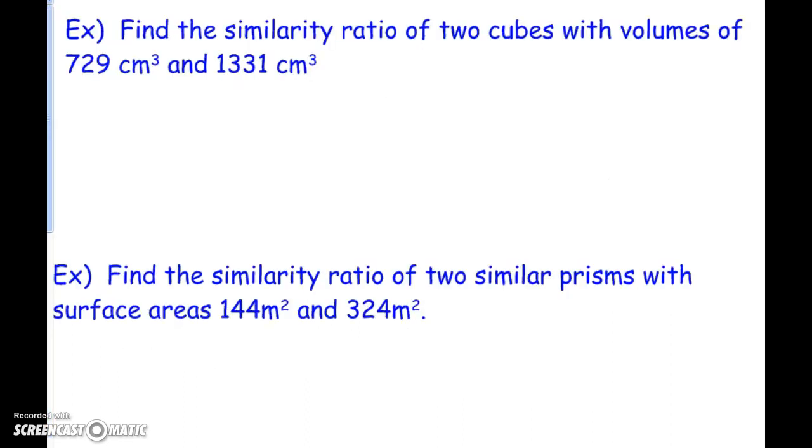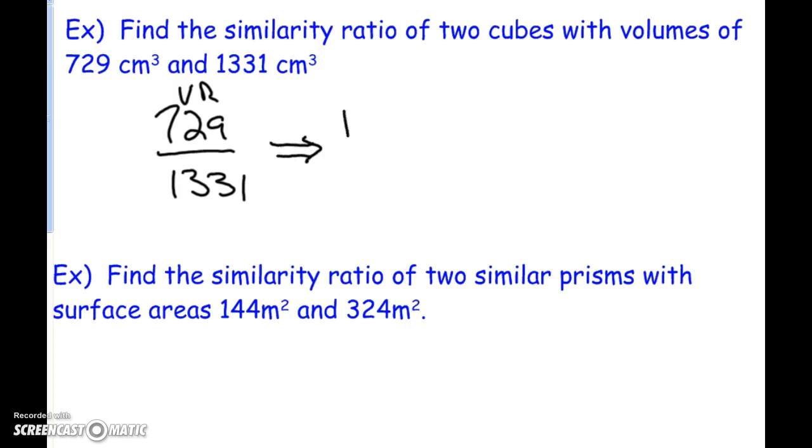Let's go ahead and look at a couple more examples before you get started on your IXL assignment. Find the similarity ratio of two cubes with volumes of 729 and 1331. Those are volume ratios, and we know that the similarity ratio has a cube relationship. Therefore, we're going backwards. We want the cube root of 729 divided by the cube root of 1331.